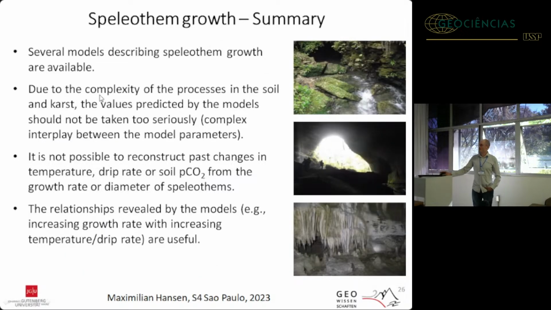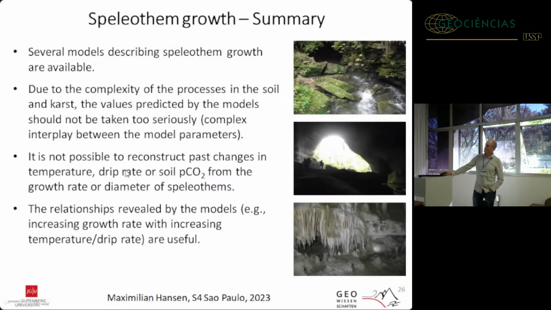Okay, so I just want to wrap this one up. There are several models available which describe speleothem growth, but due to the high complexity of the processes in the soil and the karst, the values predicted by the models should not be taken too seriously. They also modeled the shape between different marine isotope stages, for example, but I didn't show you that because it's very complex, and I wanted to have time for my slides as well.